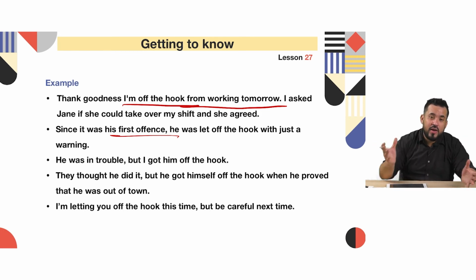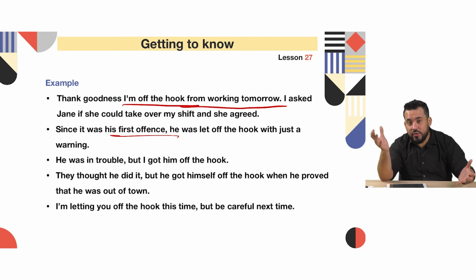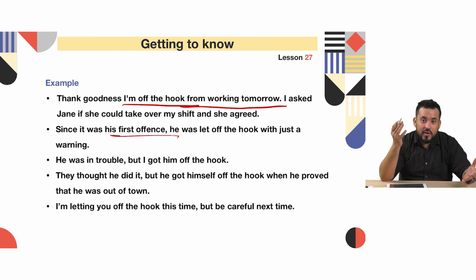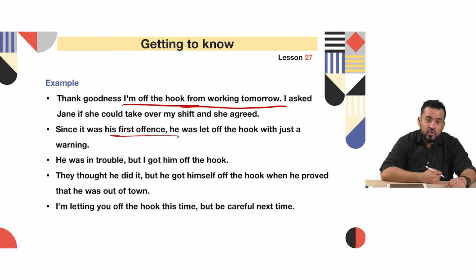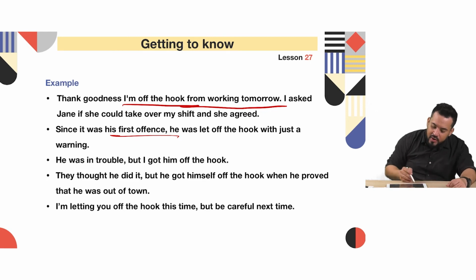So they say, okay, look, we're gonna let you off the hook this time. We're gonna give you a warning, but don't do it again. Okay, so getting off the hook in this situation means you got out of trouble without having to be blamed or be punished. Okay. Let's take a look at the next example.